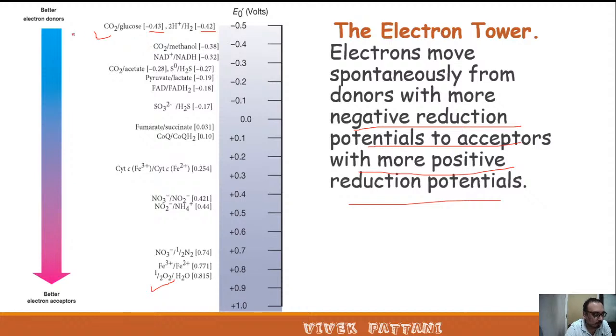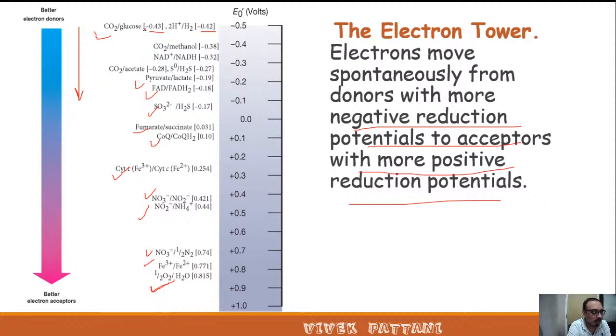Moving downwards: carbon dioxide converted into methanol, NAD+ converted into NADH, carbon dioxide converted into acetate, sulfur converted into hydrogen sulfide, pyruvate converted into lactate, FAD, sulfates, fumarate, coenzyme Q, cytochrome c, nitrates, nitrites, where the conversion of nitrite into nitrogen is the process of denitrification, ferrous ions, and finally oxygen.